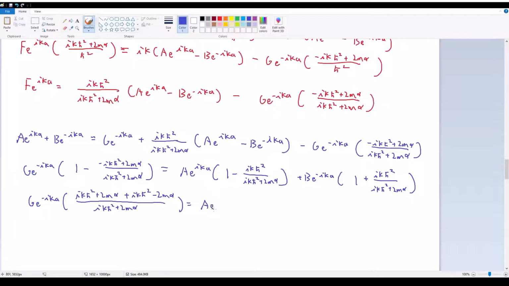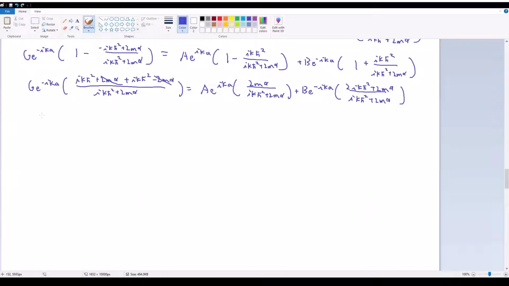This is going to equal a e to the ika multiplied by ik h bar squared plus 2m alpha minus ik h bar squared, which is going to be 2m alpha over ik h bar squared plus 2m alpha, plus b e to the negative ika, and this is going to be 2 ik h bar squared plus 2m alpha over ik h bar squared plus 2m alpha. Okay. Immediately I see that these two terms cancel, and I get g e to the negative ika multiplied by 2 ik h bar squared over ik h bar squared plus 2m alpha.